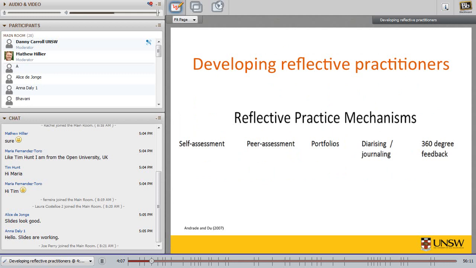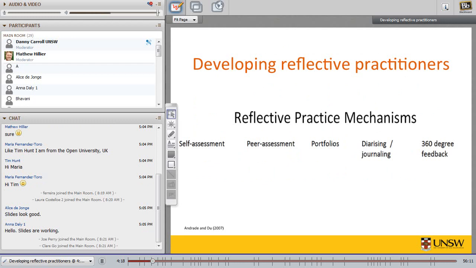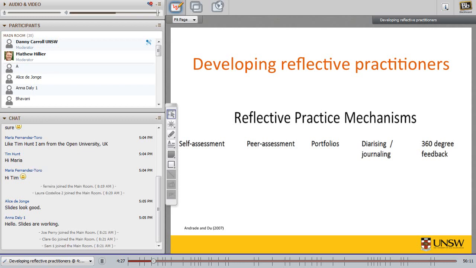So self-assessment, therefore, is often seen as part of a suite of personal reflective practices. And some of the other ways that reflective practices are operationalized or practiced are things like peer assessments and 360-degree feedbacks, people writing diaries or journals or reflective pieces, or keeping portfolios. But it seems to me that the particular advantage of self-assessment is that it's a very light and bright form of reflective practice, and that people can do it easily and quickly at any time.